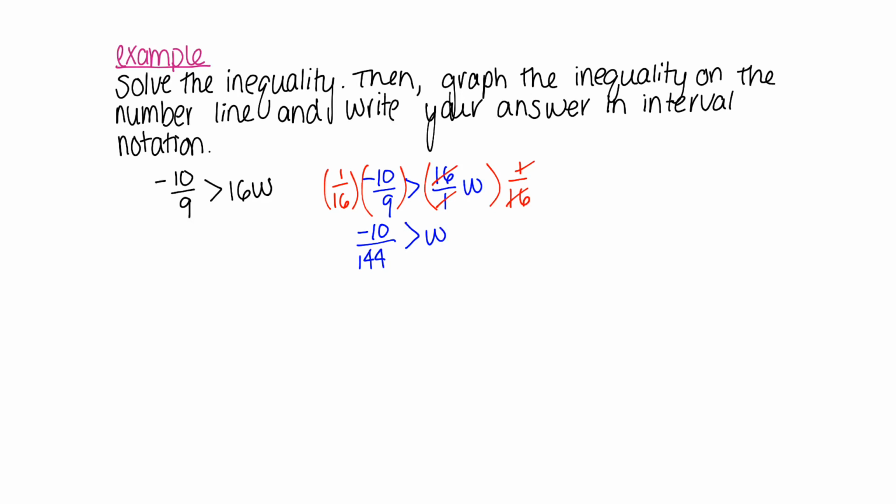Now you could put negative 10 over 144 into your calculator, and it will reduce it for you. But if you wanted to do it by hand, these are both divisible by 2. So negative 10 divided by 2 gives you negative 5, and 144 divided by 2 gives you 72. So you should get negative 5 over 72 as a reduced fraction.